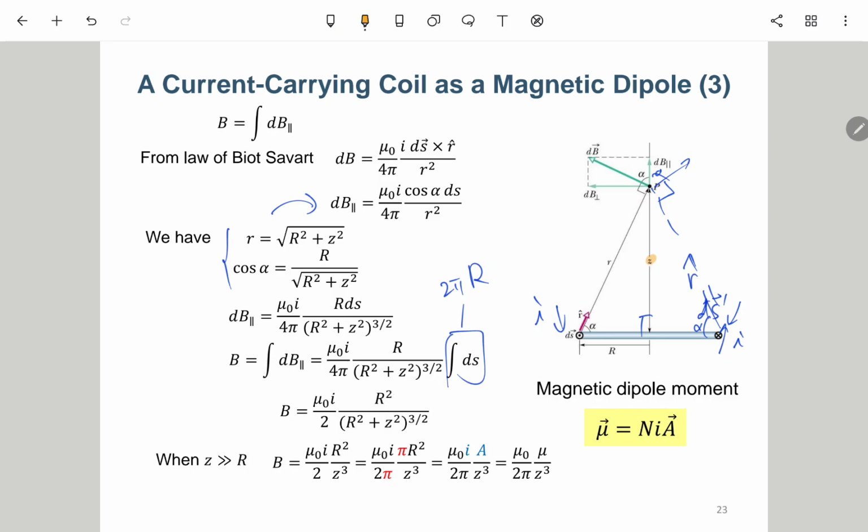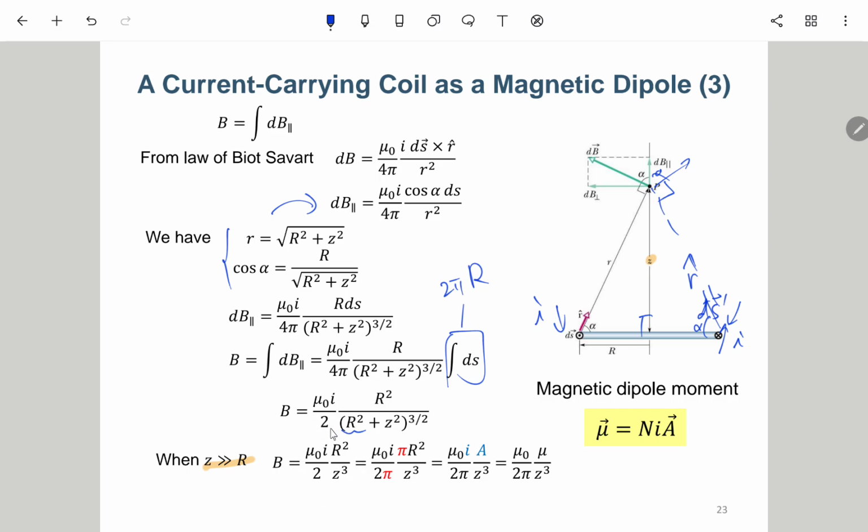Here we also assume that z is much larger than capital R, so that we can just ignore this one. So z squared to the 3 over 2 power becomes z cubed. So finally, if z is much larger than R, it becomes mu naught I over 2, and then R squared over z cubed, like this.